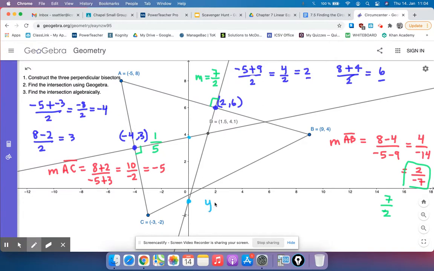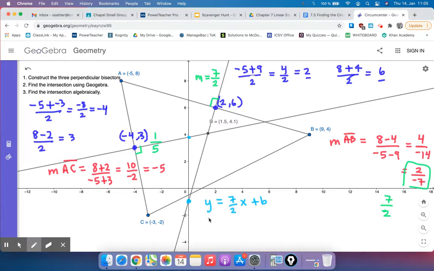So we use y equals, now the slope of the perpendicular is 7 over 2 x, and then we put plus b because we don't know that. And now we have to plug in the midpoint. The midpoint of that perpendicular bisector is 2 and 6.